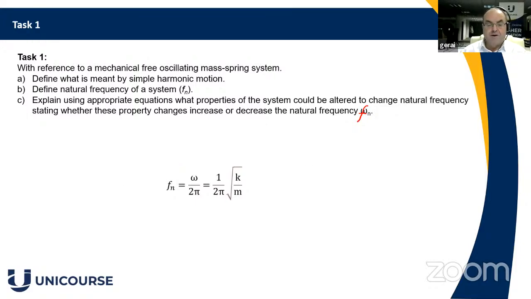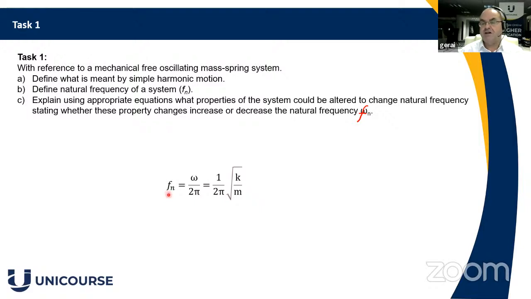So we have our natural frequency equation, and the question is asking what properties we can change in our system to change the natural frequency. Well, we've only got two properties: the spring stiffness and the mass. If we increase the spring stiffness, then the natural frequency is going to go up.